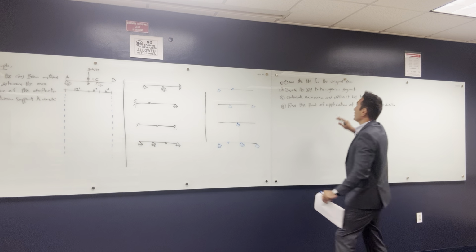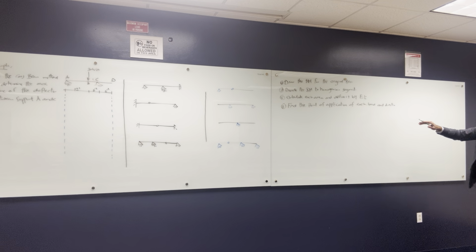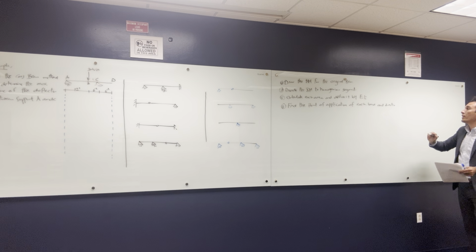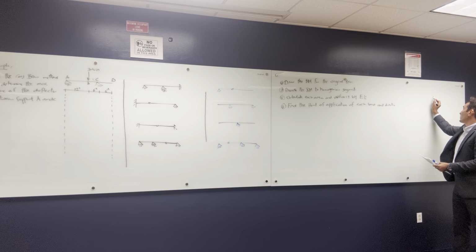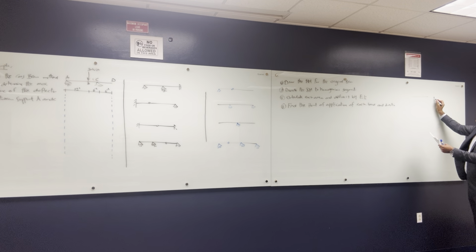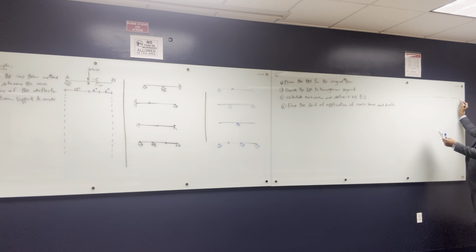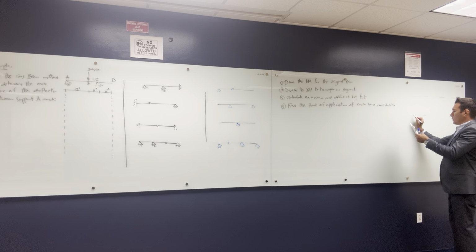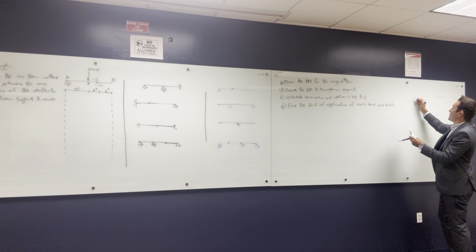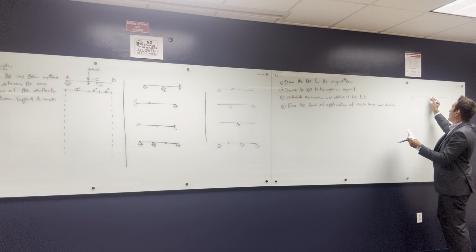Okay, so let's find out about these steps. The first thing is to draw the bending moment diagram, and that sometimes gets tricky. Sometimes if you have a concentrated load, let me draw some beams and give some examples. Sometimes you'll have a bending moment diagram that is very easy, and it's negative due to a concentrated load.